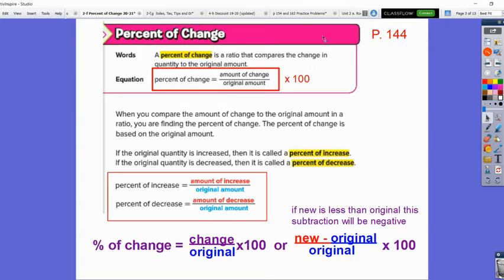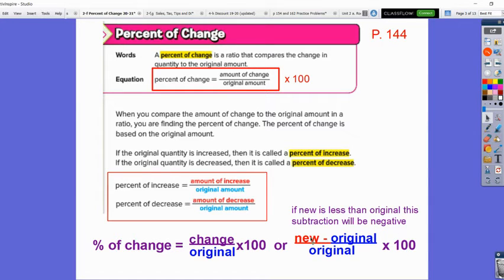The way I do these: the amount of change divided by the original amount gives you a decimal answer. If you multiply that by 100, you'll get the percent. Multiplying by 100 is just moving the decimal point 2 places to the right, so you can either do times 100 in your calculator, or move the decimal point 2 places to the right to convert decimal to percent.